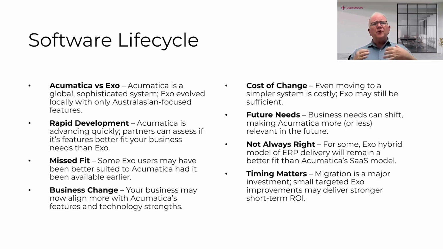The other thing is that your business might have radically changed over the time since you implemented EXO 10 years ago, should we say, and now is maybe more aligned with what Acumatica does. So again, you need somebody like a trusted partner who's able to explain that fit and that value proposition.